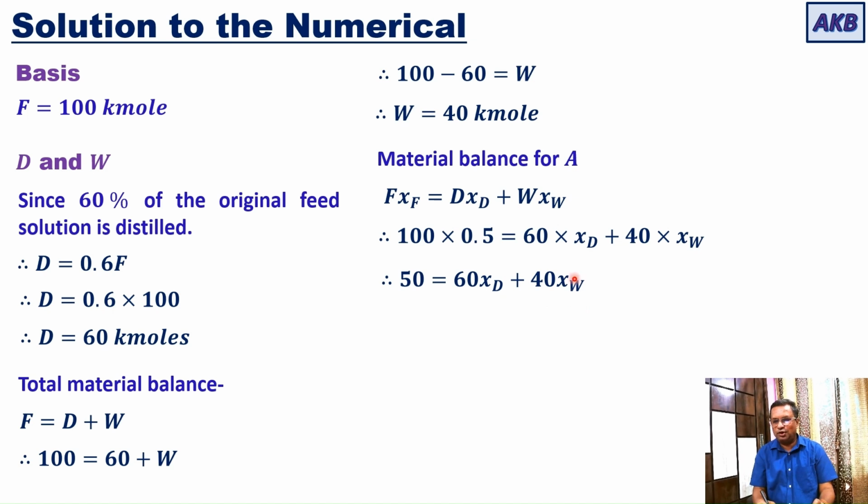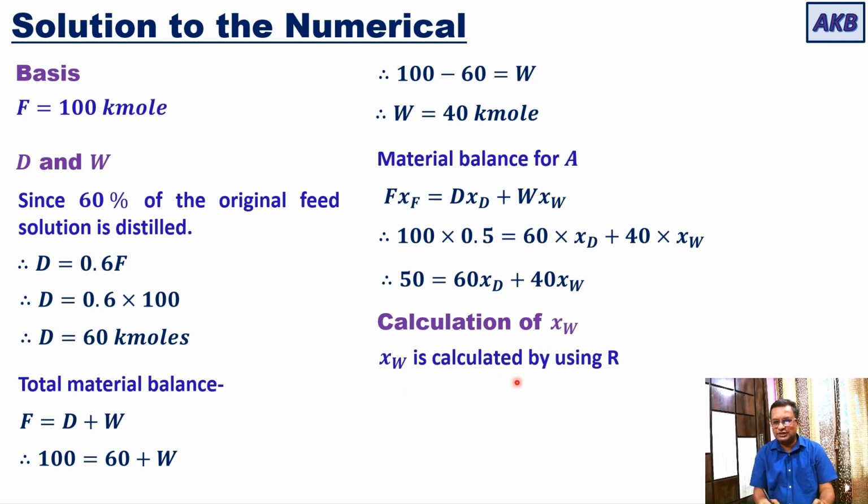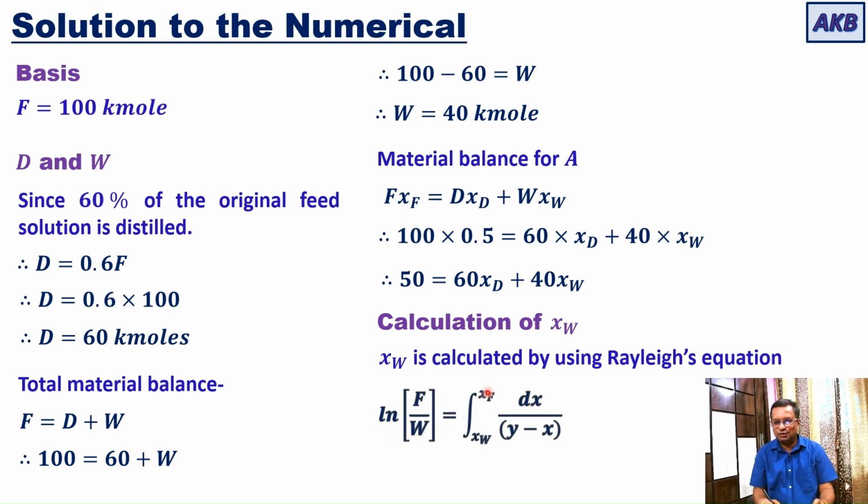And our approach is we are going to get XW by using Rayleigh's equation. So the next task is the calculation of XW. XW is calculated by using Rayleigh's equation. What is Rayleigh's equation? Ln of F by W is equal to the integration from XW to XF of dx upon y minus x.